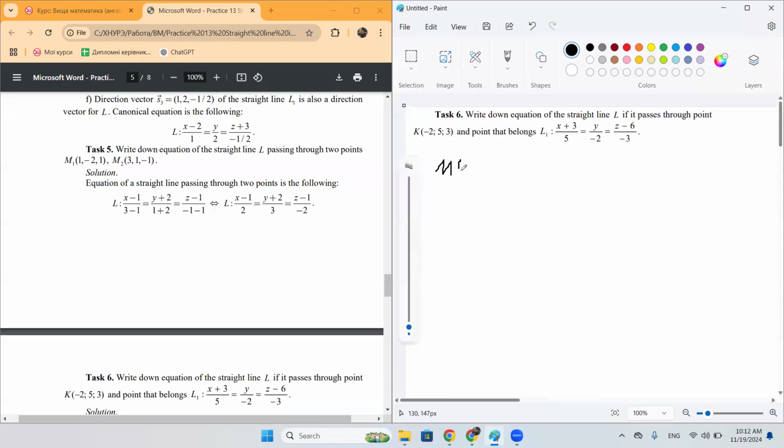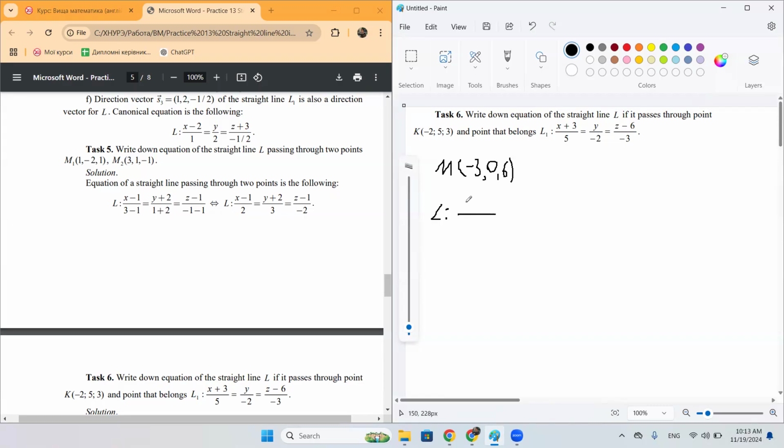So can we easily find it from this equation? Sophia? It will be minus 3, 0, and 6. Yeah, minus 3, 0, 6. So we can take it from here. Yeah, and with coordinates of this point, we will write down the equation.